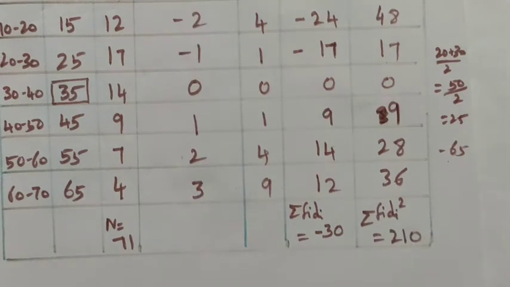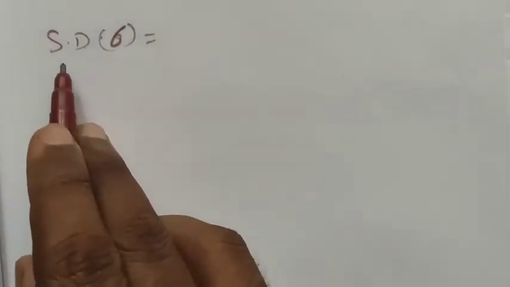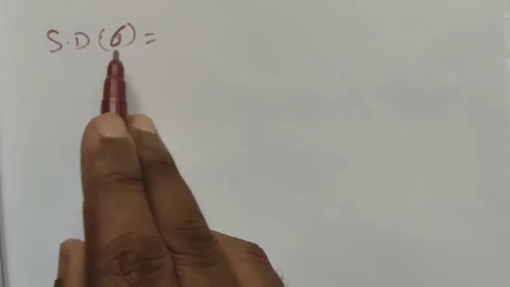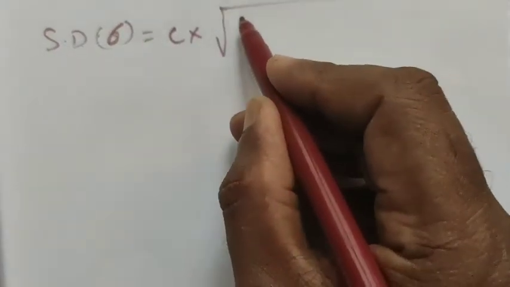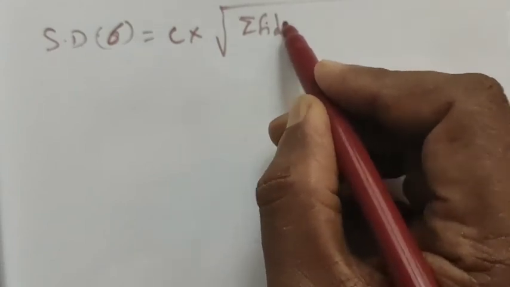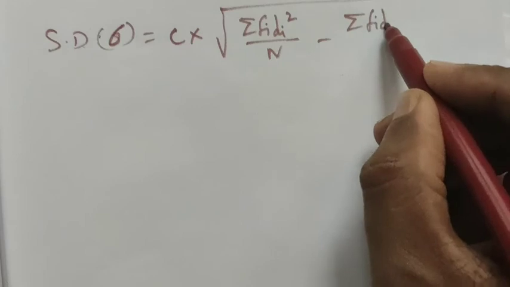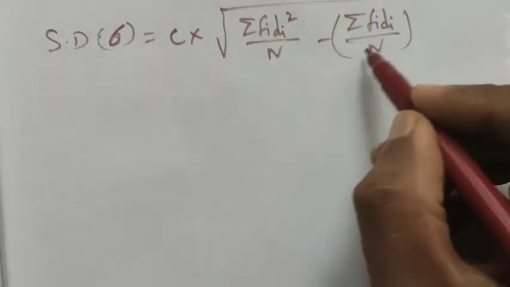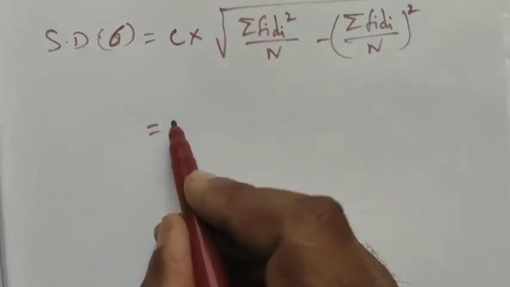Now we want to find the standard deviation. We know the formula for standard deviation. For the step deviation method, standard deviation sigma is equal to c into root of summation fi di square divided by n minus summation fi di divided by n, whole square. Now c we have taken as 10.